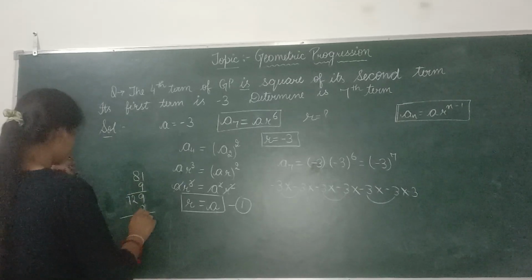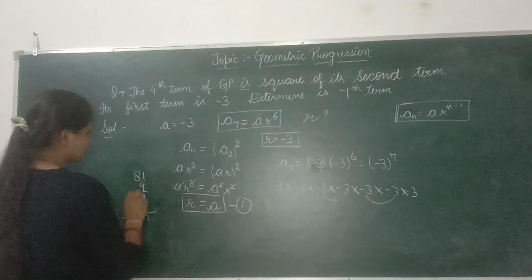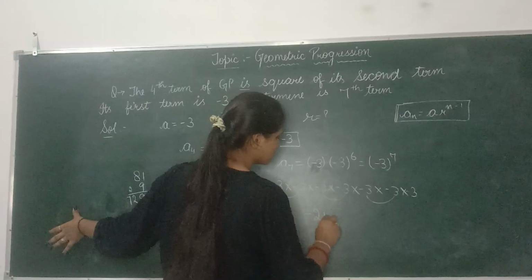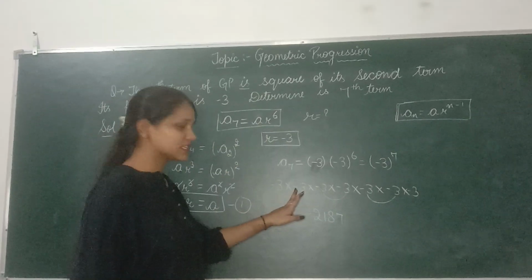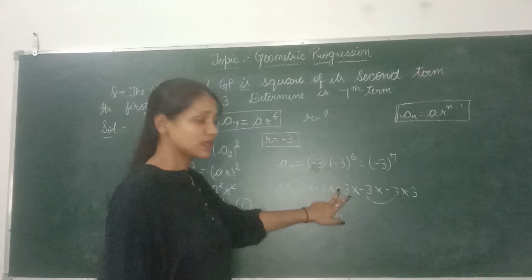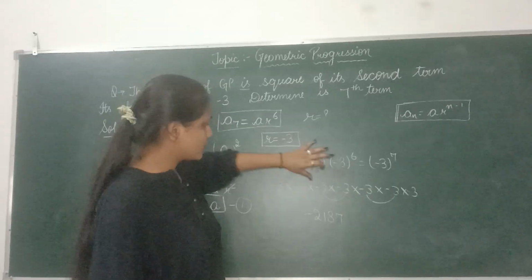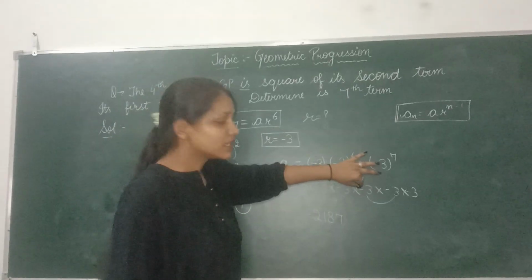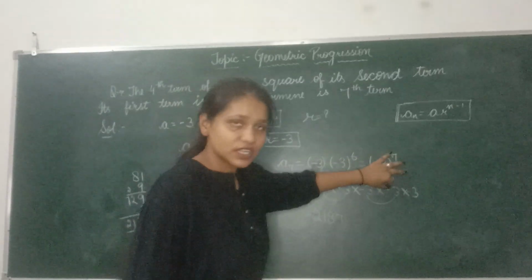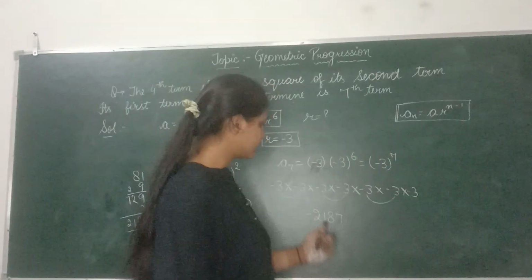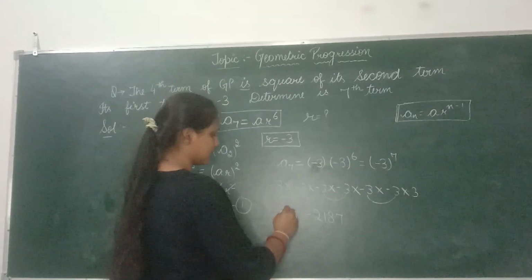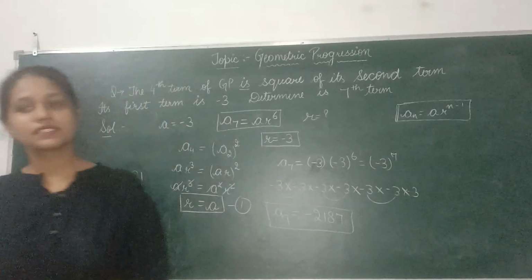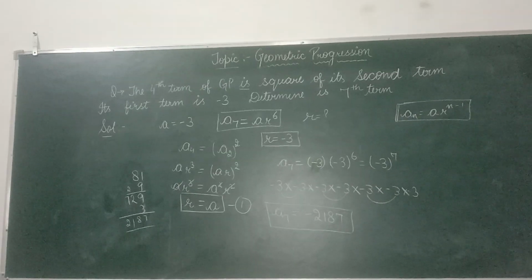Again we will multiply it with 3, which gives 2187. Considering the signs, minus times minus is plus, and the overall sign will be negative. So the value of A7 will be minus 2187. Moving on to the next question.